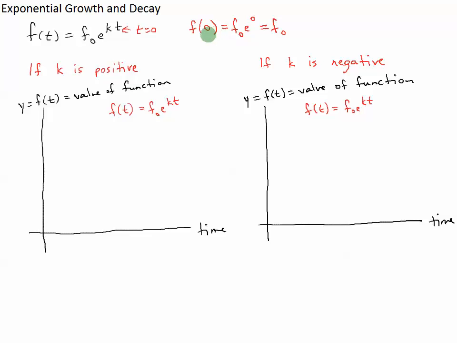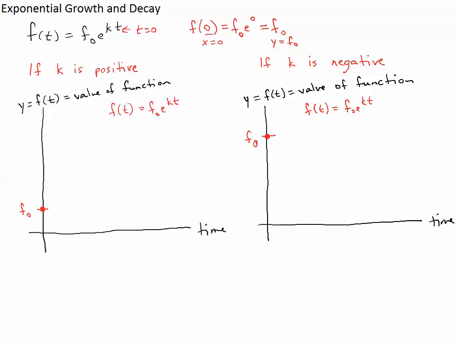So in other words, whenever t is 0, y equals f sub 0. That's true for either case. Over here I will simply mark f sub 0 and put a point, and over here I'm purposely going to put it way up here. They're the same in each case, but I put them in different places for a reason.